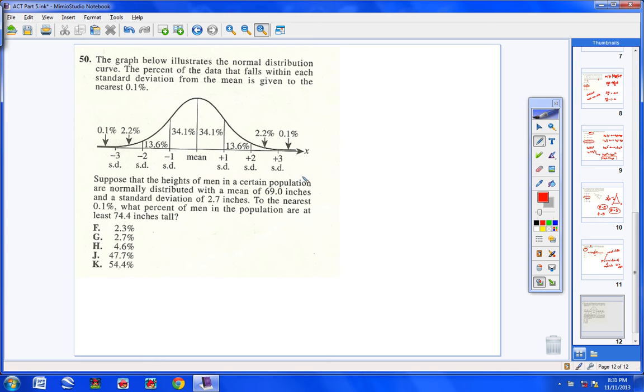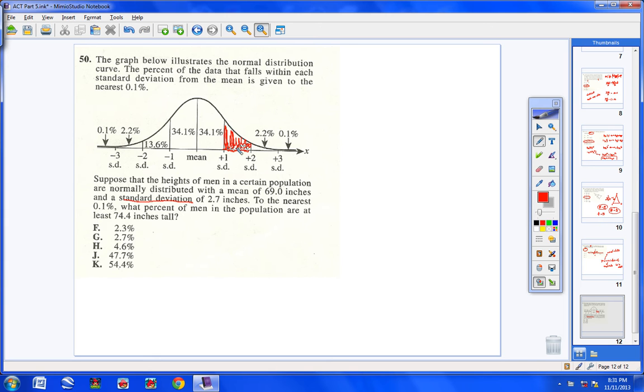If one standard deviation is 2.7 inches, now again, if you can just read and think here, here's where the mean, the average, falls right here. Now once you start to deviate one standard deviation, that's that whole space in there.